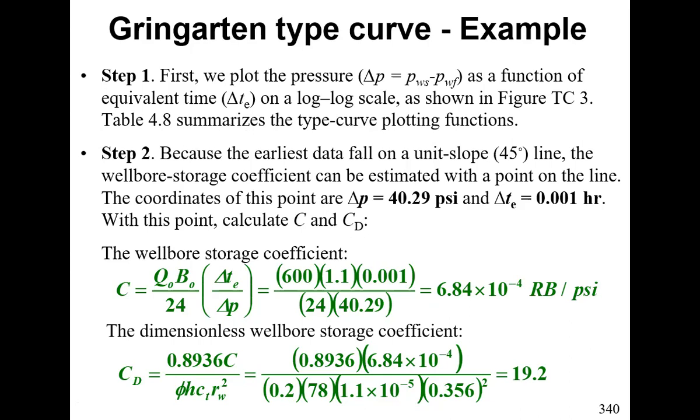Now, the next thing would be to identify the data that fall on the unit slope line so that we can estimate the well-bore storage coefficient and then the dimensionless well-bore storage coefficient.